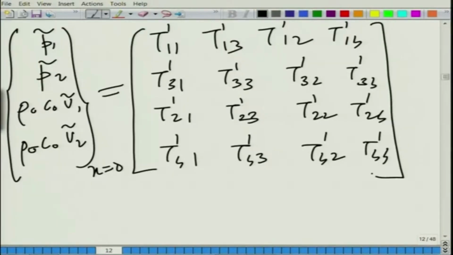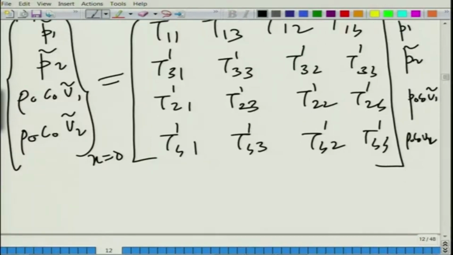Okay. So, all this will be there, and P1 tilde, rho naught C1. I am so sorry. At x is equal to L, this is the vector here.